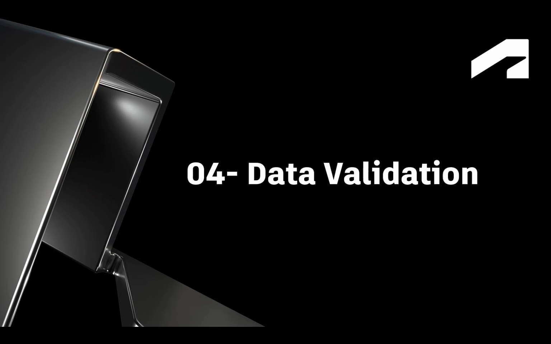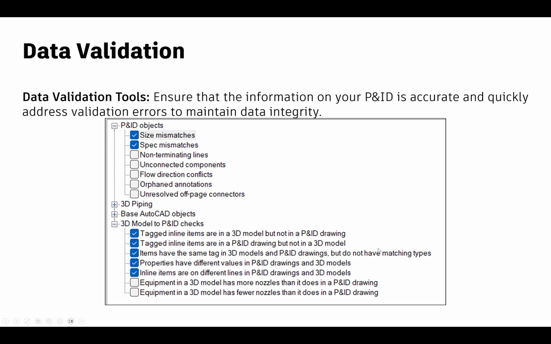Let's talk about data validation in Plant 3D. So there are two types of validations that you can do in Plant 3D. The first one being that you can run a validation on the model alone, and the other one where you are running a validation on your 3D model in relation to the associated P&ID drawings.